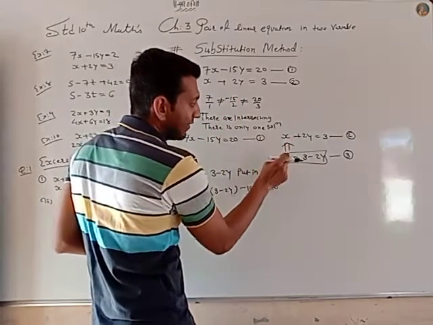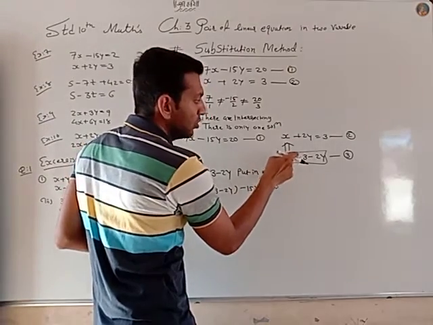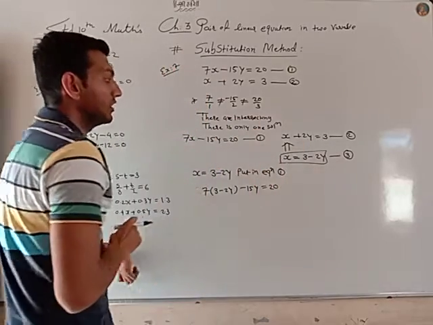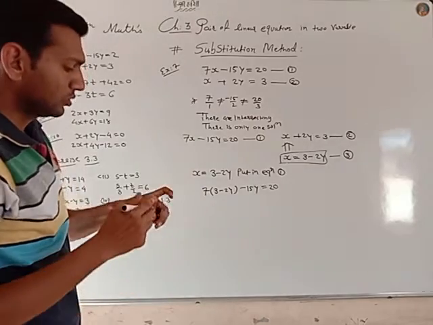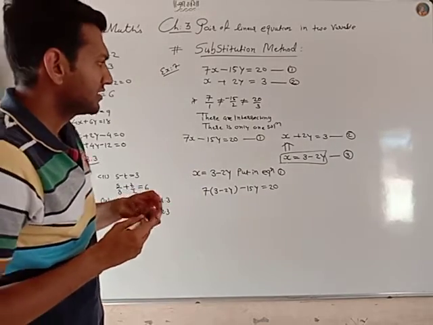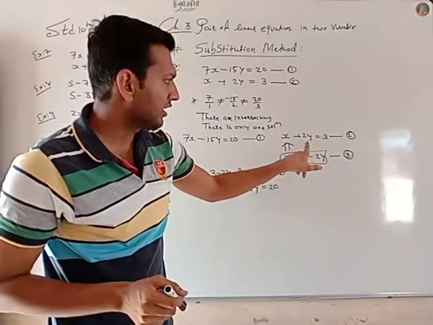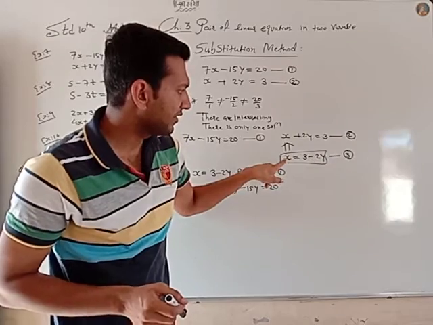Okay, so I find the value of x from equation number 2, and put the value of x in equation number 1. So in this example, first I find the value of x. x is equal to 3, and 2y goes to the right side and becomes negative 2y. I got the value of x.